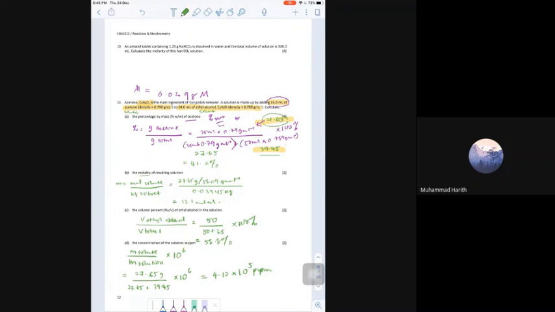So we use the ppm unit at that time, not molarity. So ppm, ppb, parts per million, parts per billion, are for a very dilute solute in our sample. That is why we still need to know ppm, although we rarely use it in our lab.